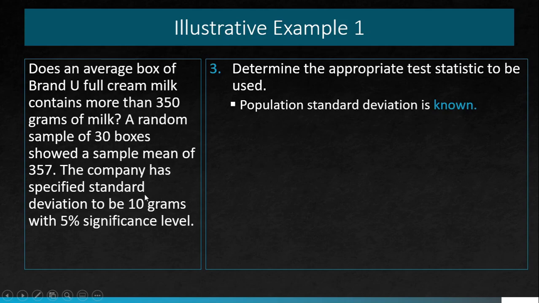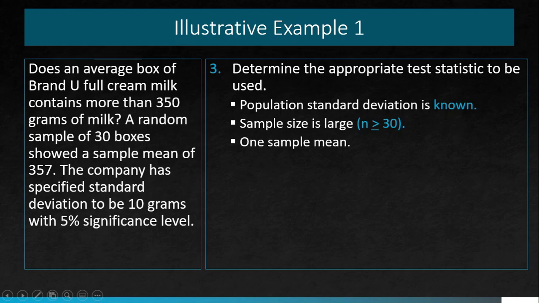So what does that mean? All of the boxes of brand new full cream milk that were manufactured have a standard deviation of 10 grams. It covers all of the boxes, not only the 30 boxes that we used as our sample. So population standard deviation is known. Our sample size is large, greater than or equal to 30, in which it's actually equal to 30.